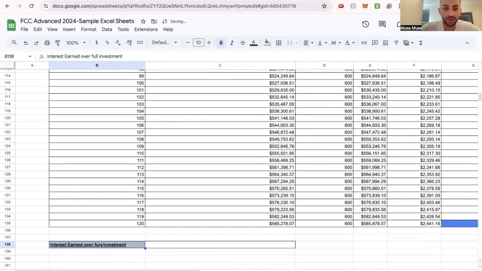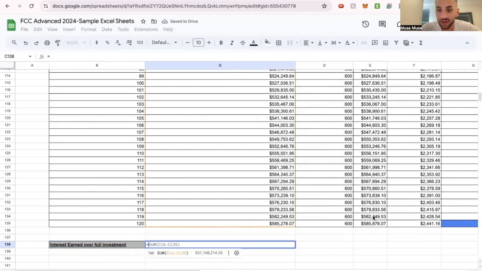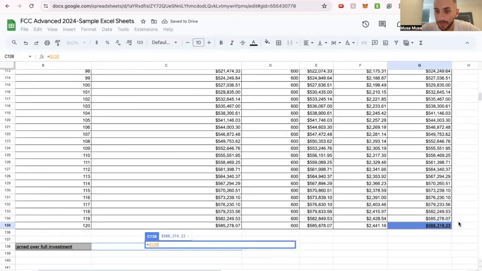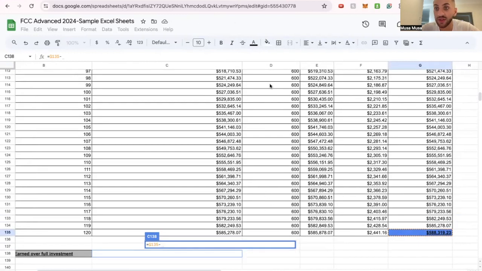The interest earned over the full investment is going to be the future value, which is that, minus, now, it's not just going to be minus 300,000 because I didn't just invest 300,000. I invested way less in the beginning, and I'm adding all of these 600s and the 1,000 at the front.